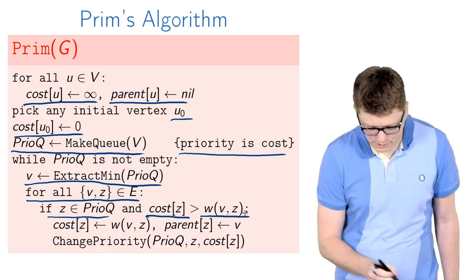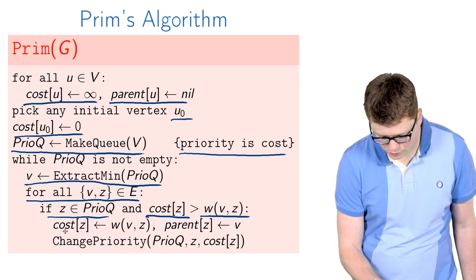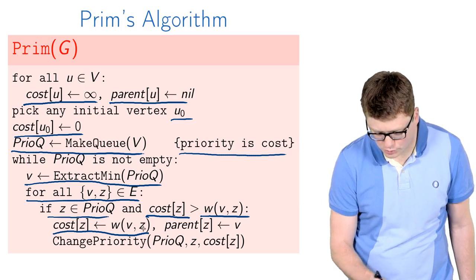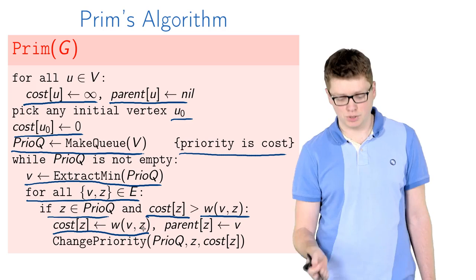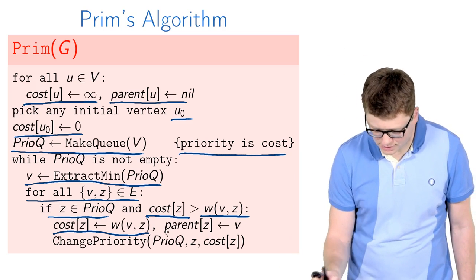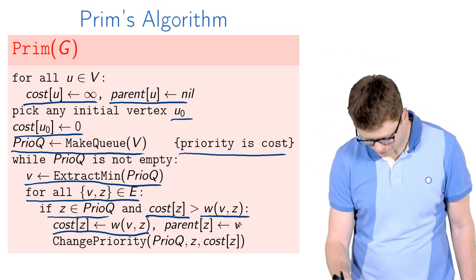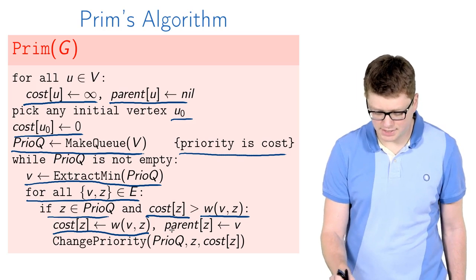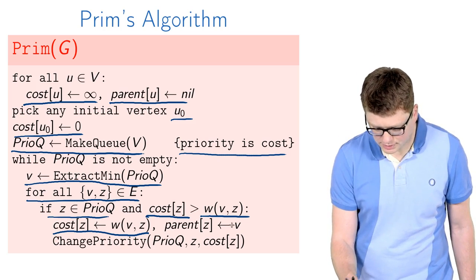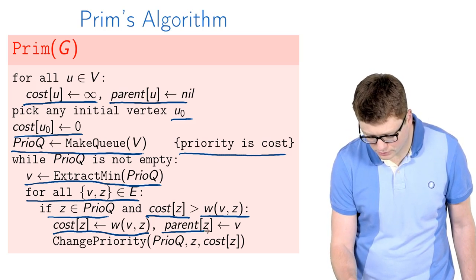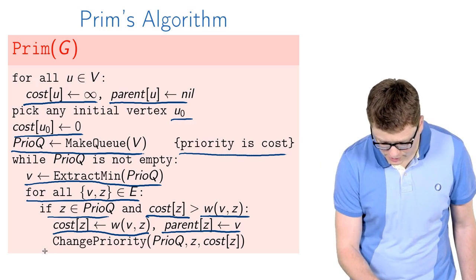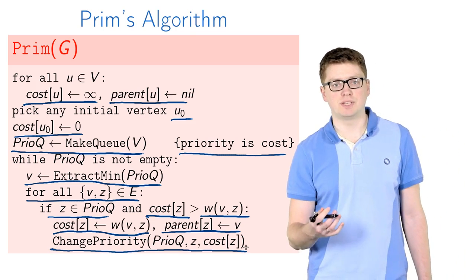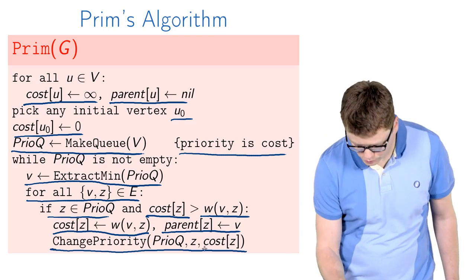In this case, we update the value of cost at z: we assign cost at z to be equal to the weight of the edge vz, and we also say that v is going to be the parent of z.